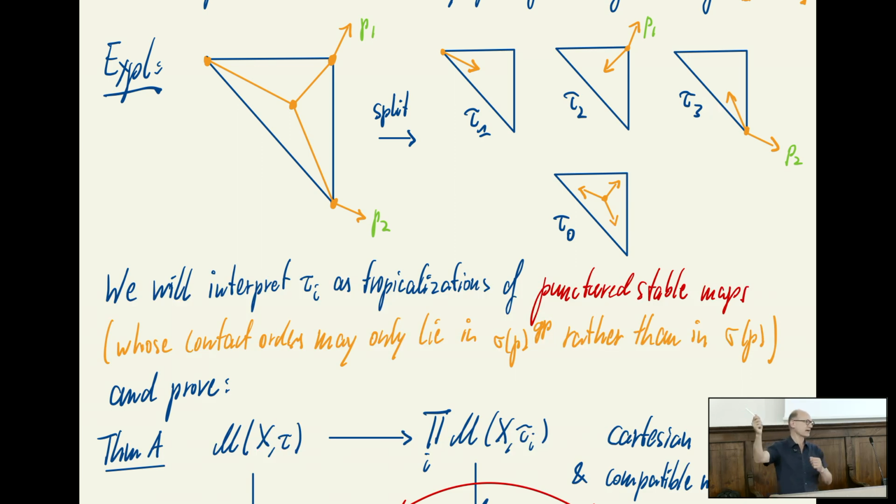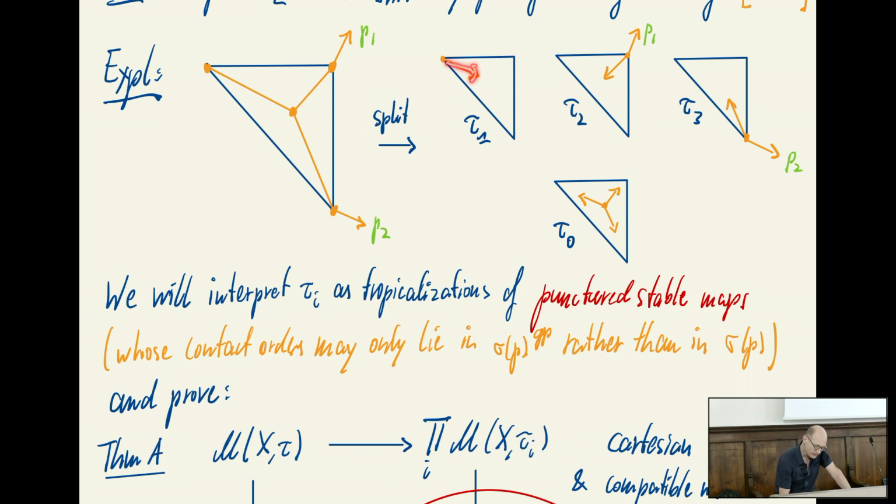So the direction vector is naturally an element in this cone. If you look at this thing here, this points inside the cone, it's parallel, it doesn't point out. But if you think of this simplistic cone, it will hit this boundary at some point, so something is off here, okay? And what this actually means is that the contact order lies in sigma of P group rather than sigma of P, which is kind of a negative contact order.